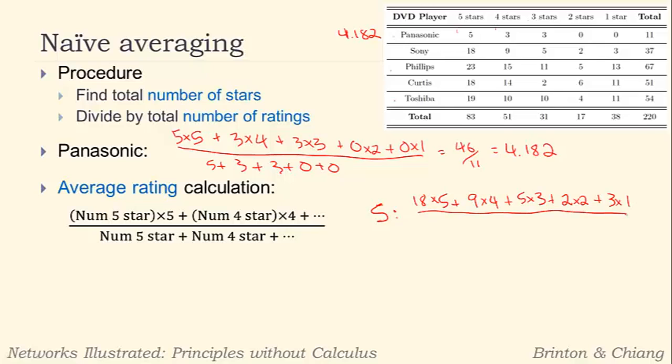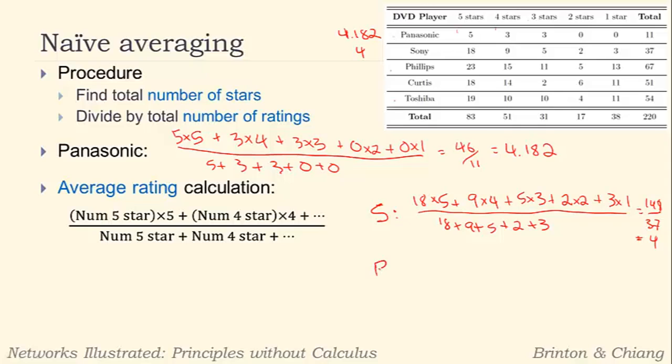And we divide that by the total, which is 18 plus 9 plus 5 plus 2 plus 3, which is 37. And so this comes out to be 148 over 37, which is equal to 4. It actually comes out to exactly 4. So this average rating is 4. And we can follow this same procedure for the other ones too.